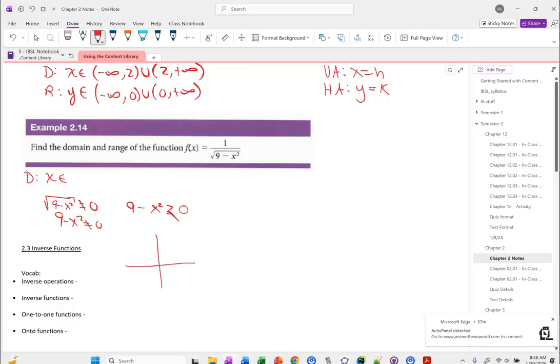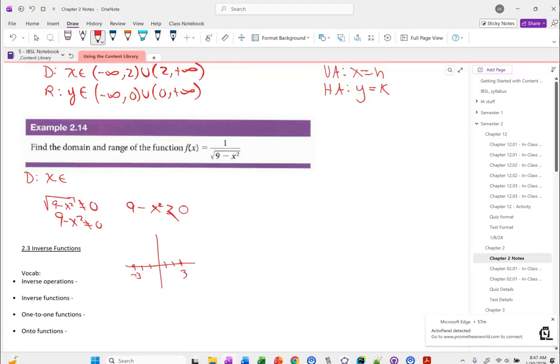Well, probably the easiest way to do this is to draw the graph. What are the x-intercepts for this graph going to be? Great. What shape is the graph going to be?